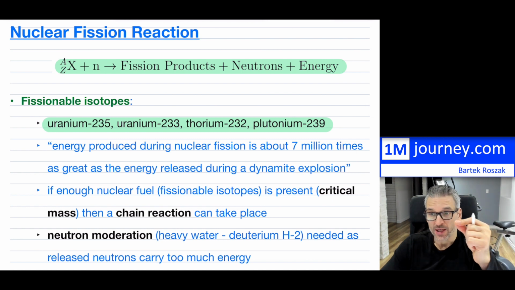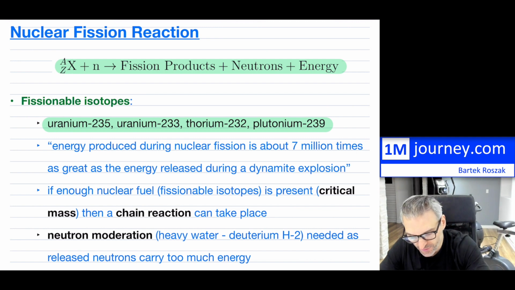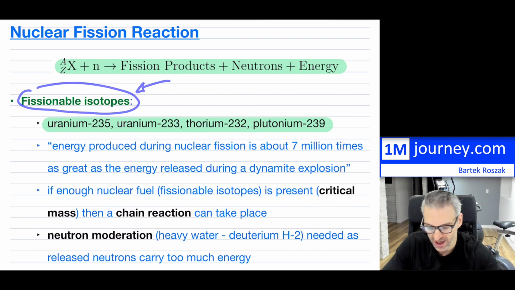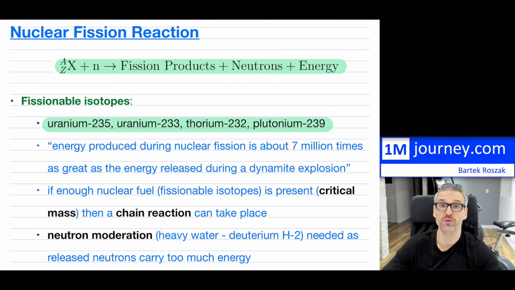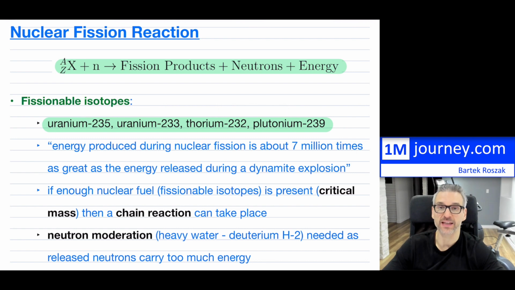These starting isotopes, the uranium, the thorium, the plutonium, are called fissionable isotopes, because not all isotopes are fissionable, where you can break them up into separate components. There are only a few, and here are the most common ones.